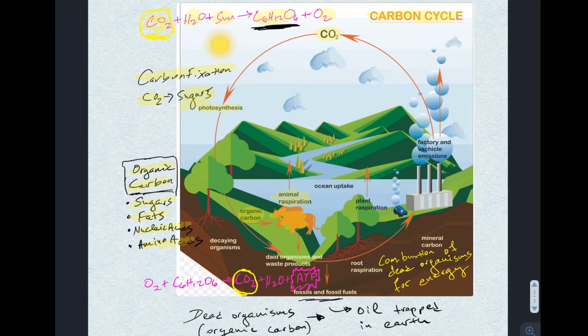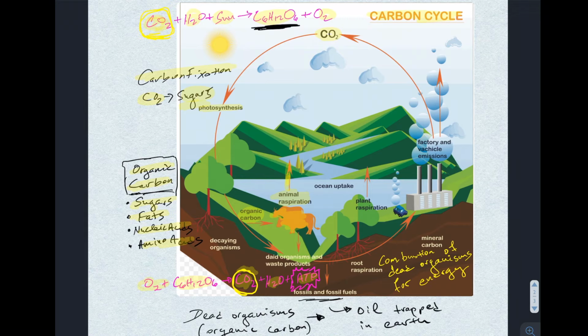And that respiration, if we recall what that formula looks like, we have oxygen and sugar, which gets converted to carbon dioxide, water, and ATP. ATP is really what these organisms wanted, but carbon dioxide is a byproduct of that. And that carbon dioxide will then get released back into the atmosphere from that respiration.